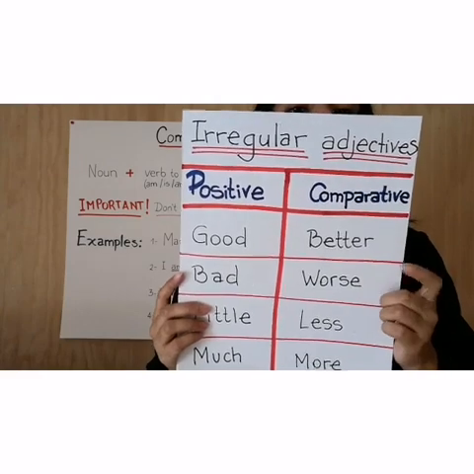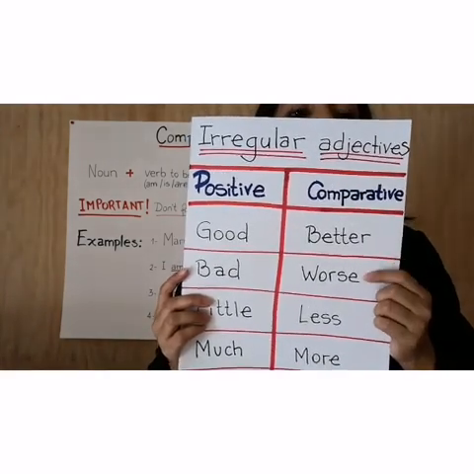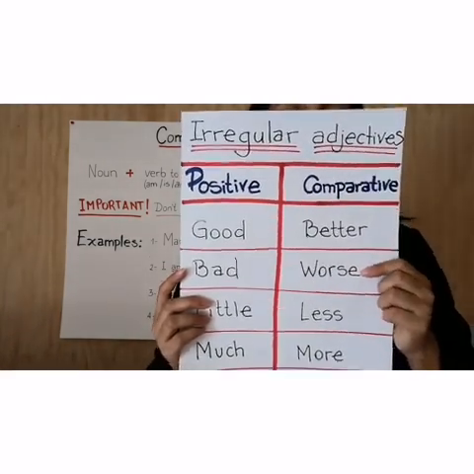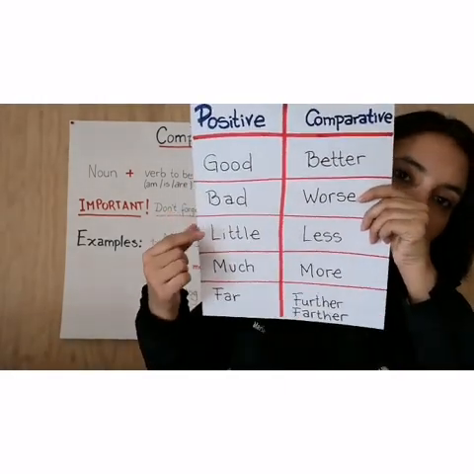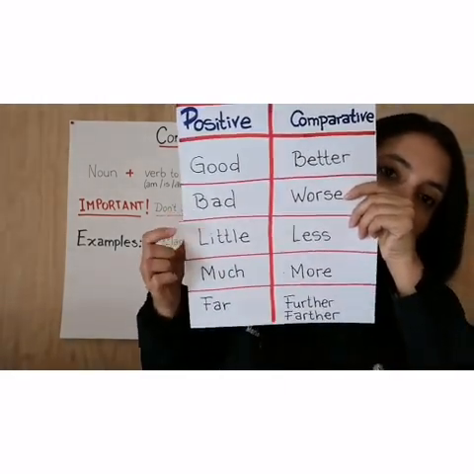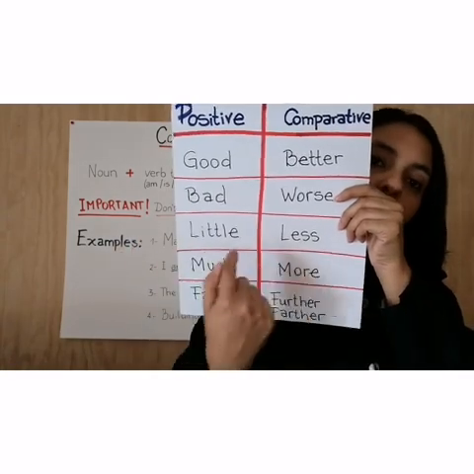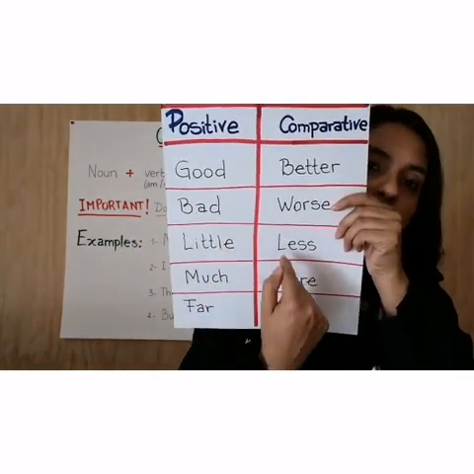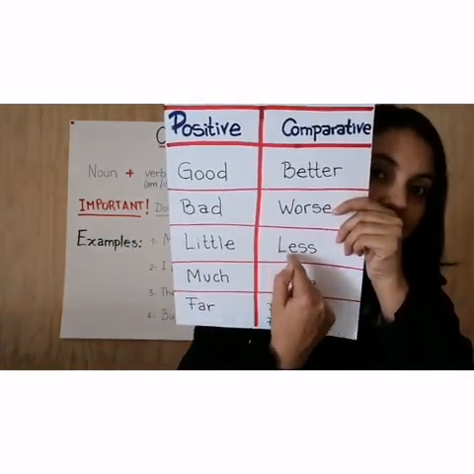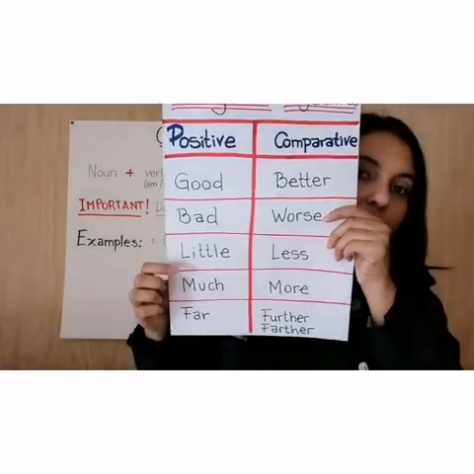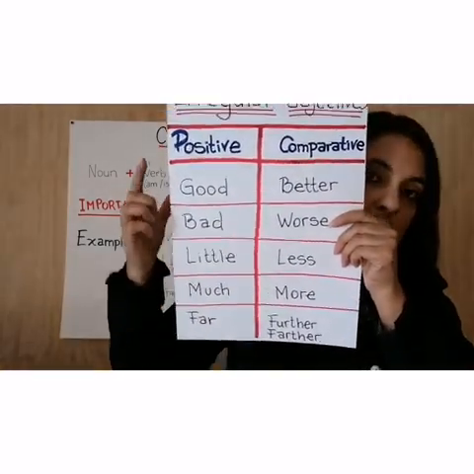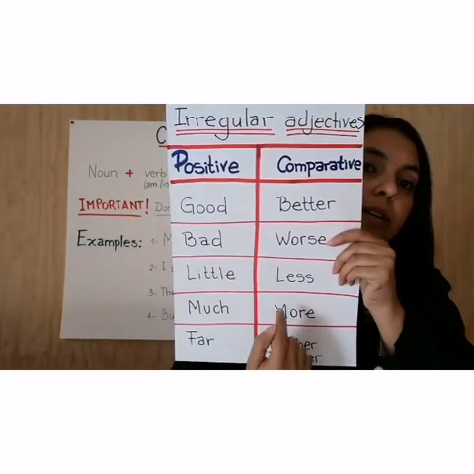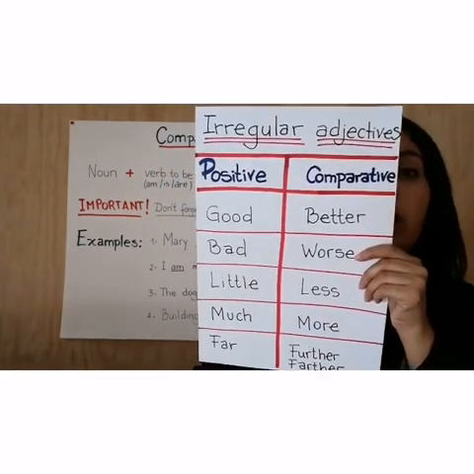Bad, the comparative form is worse. The same with little. The comparative form of little is less. Much is another irregular adjective. The comparative form is more.